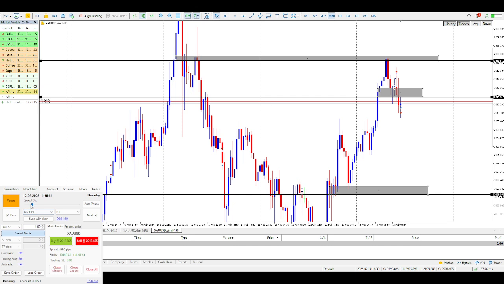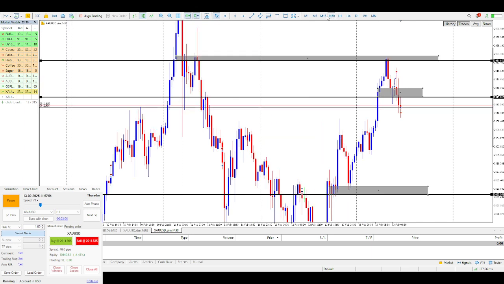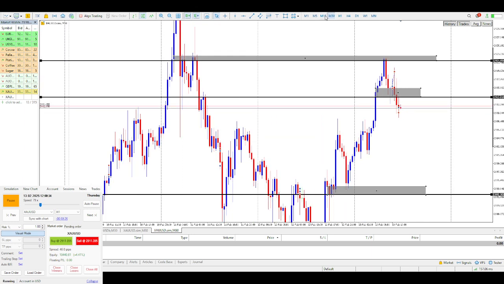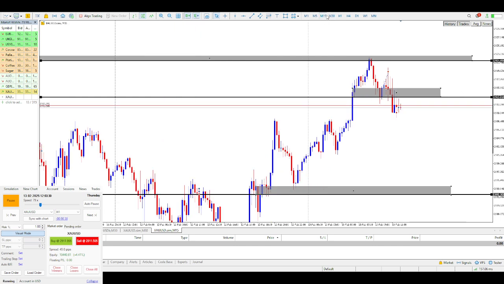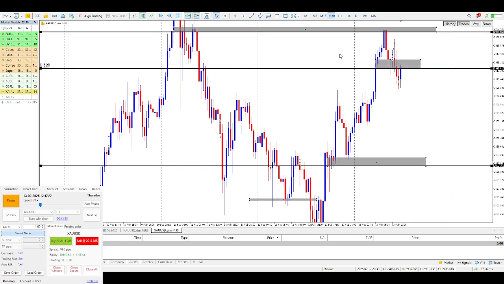Okay, so let me forward and see what price will do. The best thing is to wait for an M30 confirmation. Without an M30 confirmation, avoid taking any trade.